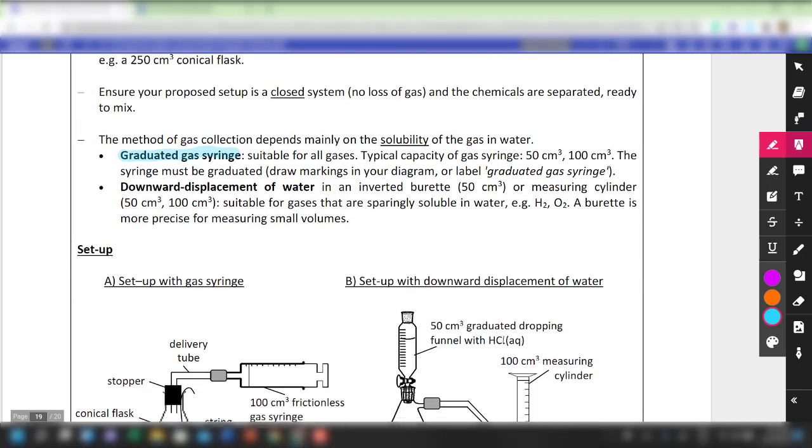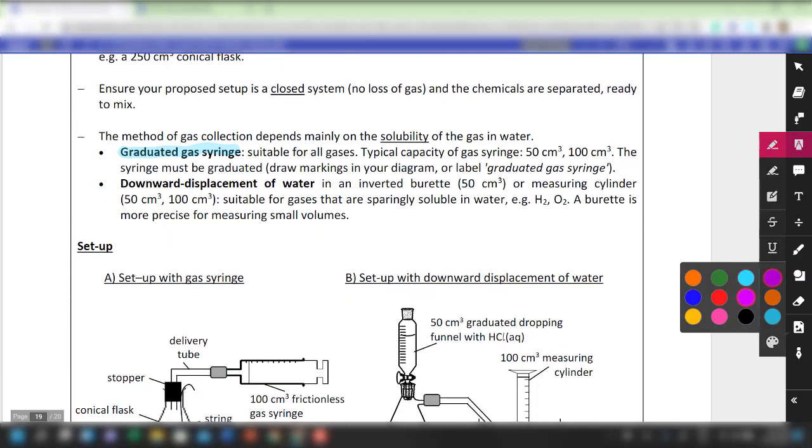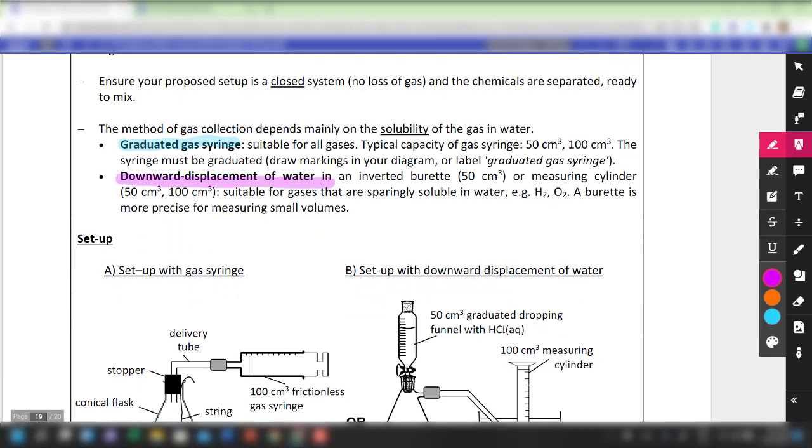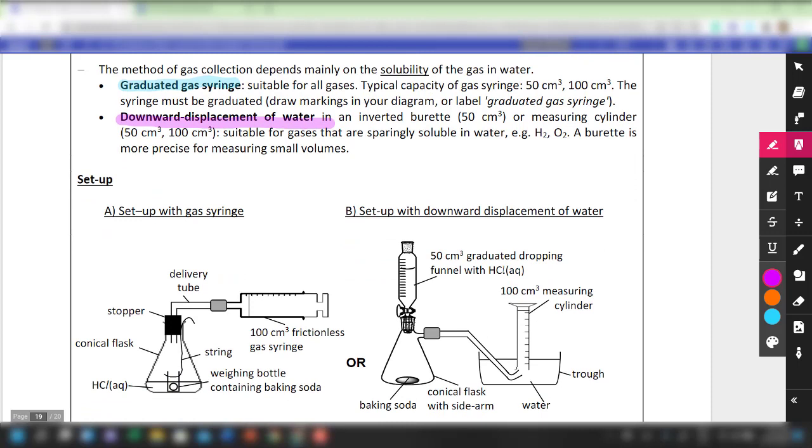And there is another important idea which is what we call downward displacement. So downward displacement means that you invert a burette or a measuring cylinder downwards over water, so that you collect over water as the gas bubbles through. But just make sure that when you draw your setup, the tube is really found right below.